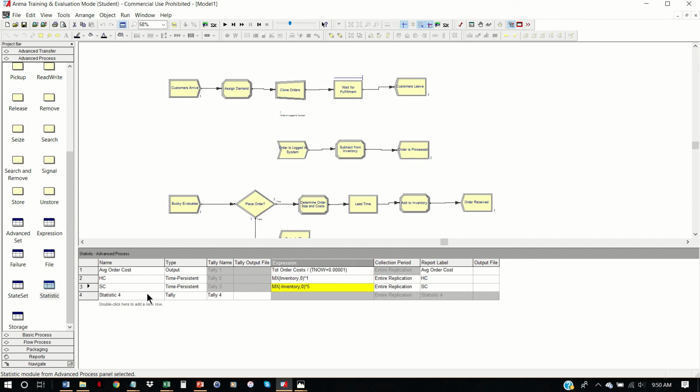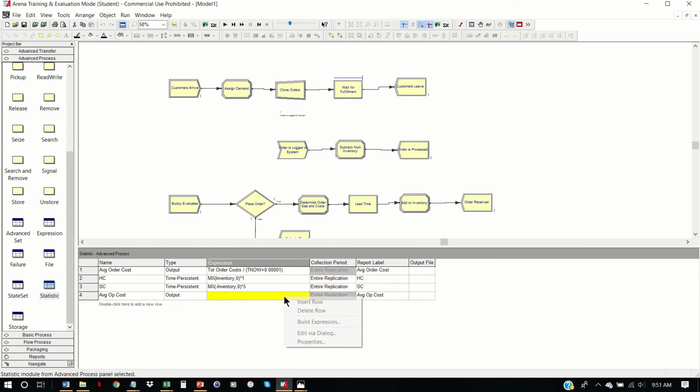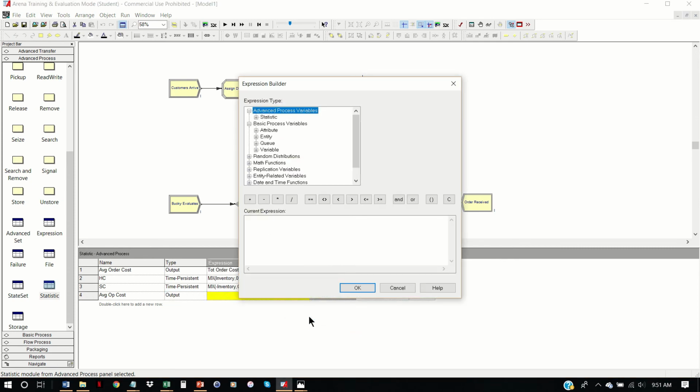And then the statistic that we are interested in is the average operating cost of this system. This is something that's going to be calculated only at the end of running the model, so this is going to be an output statistic. We can go to build expression, and we're going to look at our statistics.